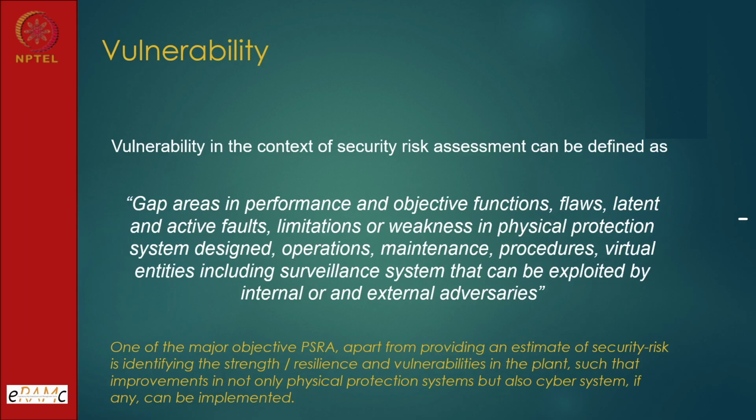So of course there will be some strengths, there will be some weaknesses. Strength means resilience, and vulnerability means they can be exploited in the plant, and then you have immediate motivation to improve upon these things. And if we cannot improve the infrastructure, we can make some redundant provision so that the vulnerability is reduced and we achieve a benchmark.